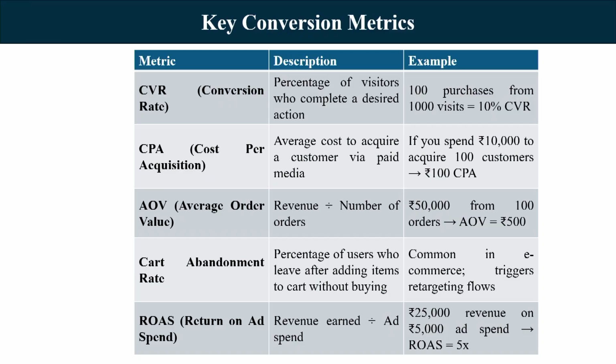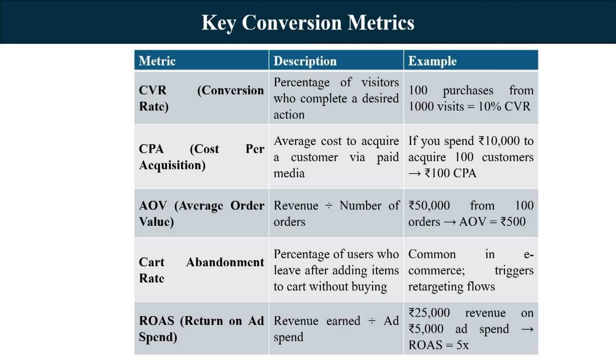It can be 2 times, it can be 3 times, it can be 10 times, but it is expected that average customer's value is at least 3 times the cost per acquisition. So, we can look at this example. If you spend 10,000 to acquire 100 customers, then cost per acquisition will be 10,000 divided by 100, that is 100.